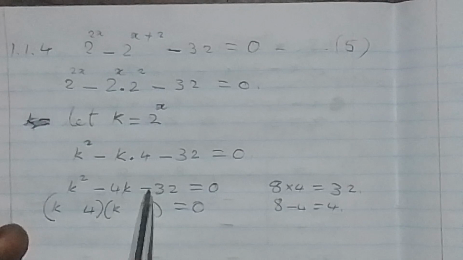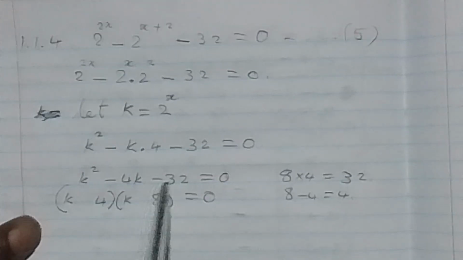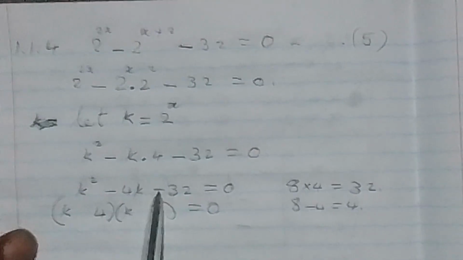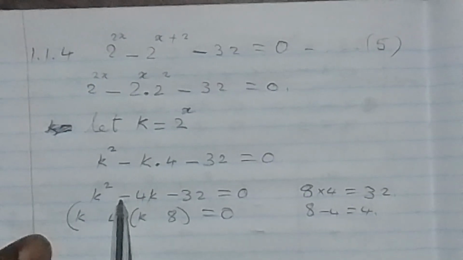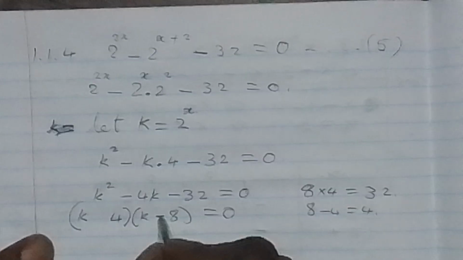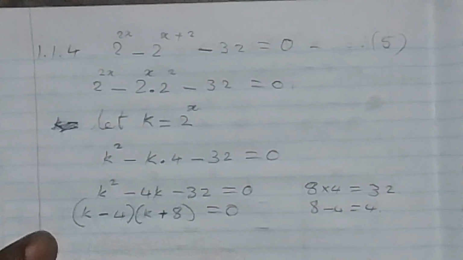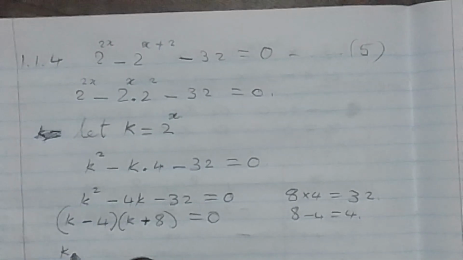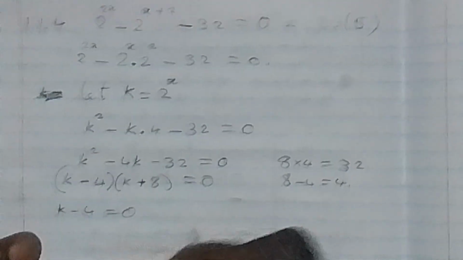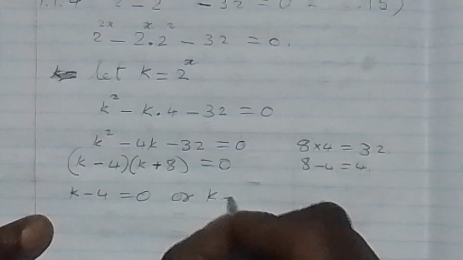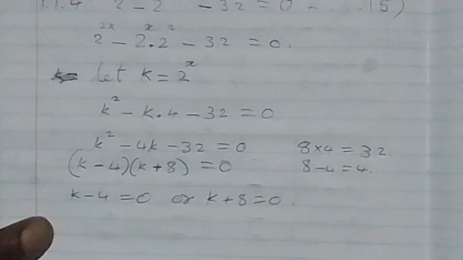This negative constant means that the signs must be different. The bigger one must have a positive. So 8 is greater than 4, it takes a positive sign, then this is negative. So k minus 4 is equal to 0, or k plus 8 is equal to 0.